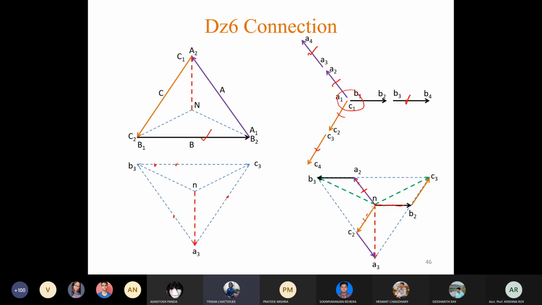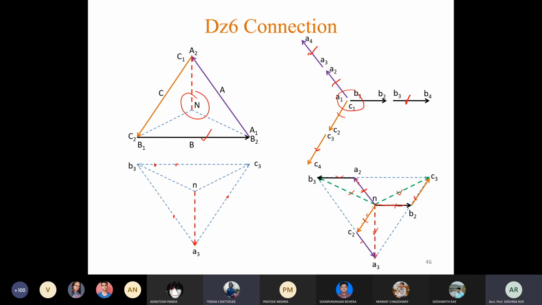Clear? Yes, sir. So the resultant of these two is this one, the resultant of these two is this one, the resultant of these two is this one, and you see, it is the mirror image of this star.